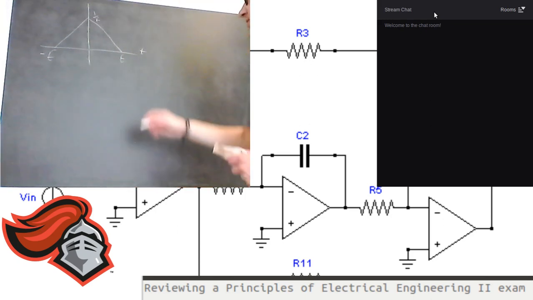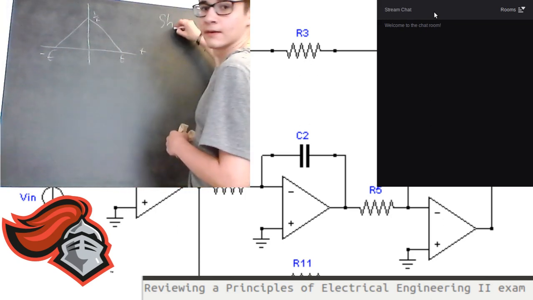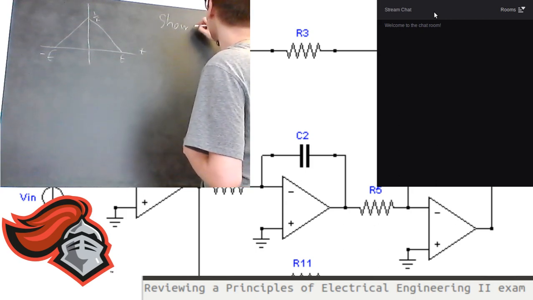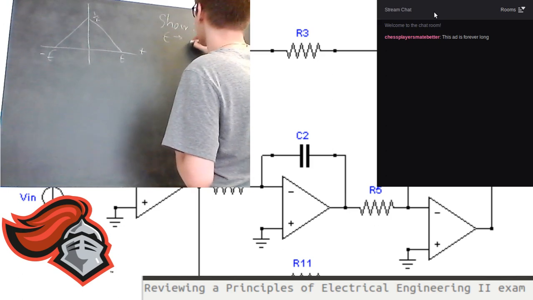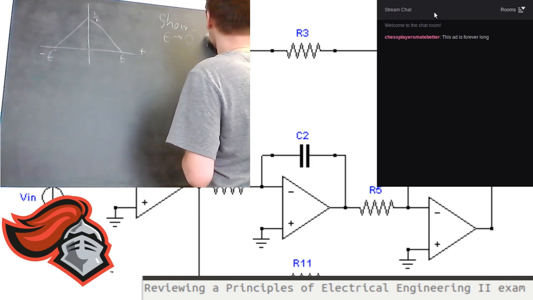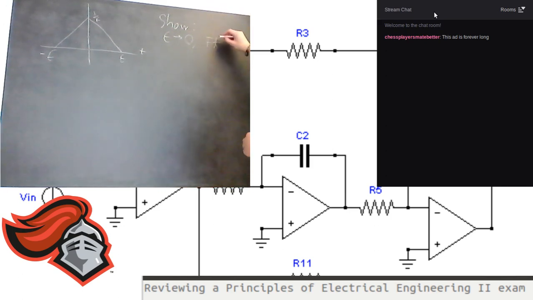And you need to show that as epsilon approaches 0, f of t approaches the unit delta function. The delta function is that function that spikes at 0 and then it integrates to 1.